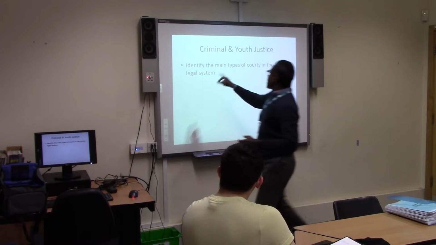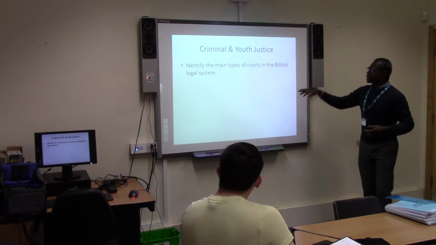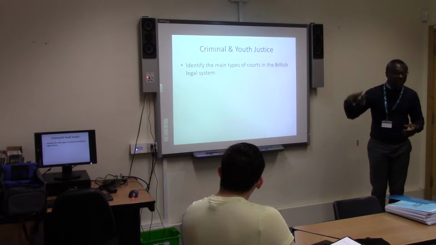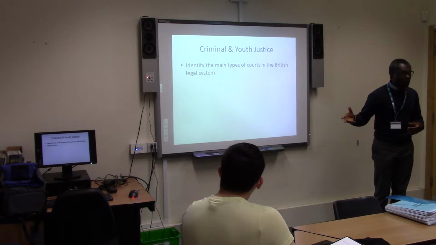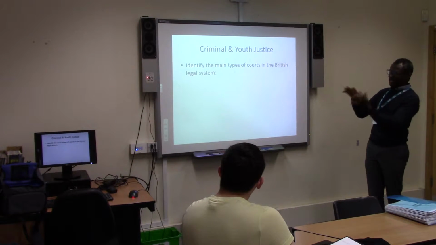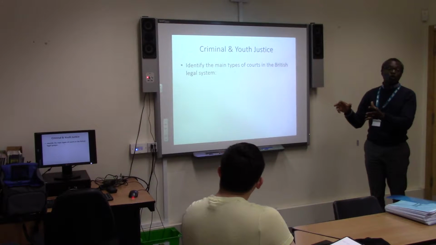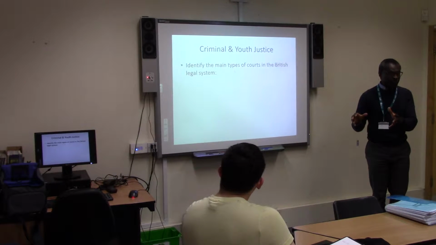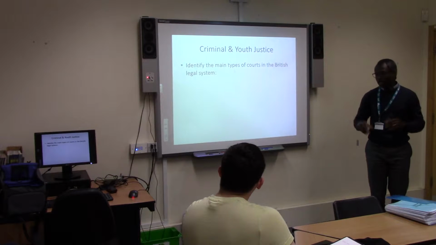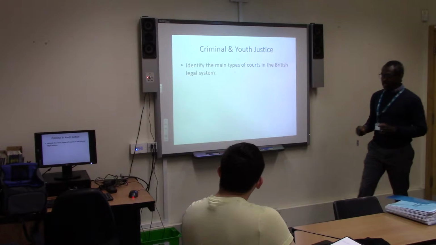Next point, identify the main types of courts within the British legal system. So this is where you develop what the civil courts are, what the criminal courts are, and then I think the next question might be to do with talking about the hierarchy. Yeah, so this stuff I'm assuming that you would have done when you looked at the English legal system.